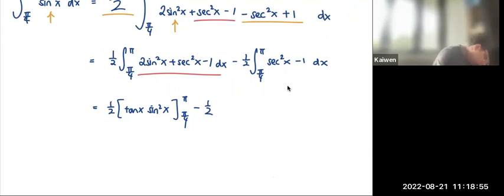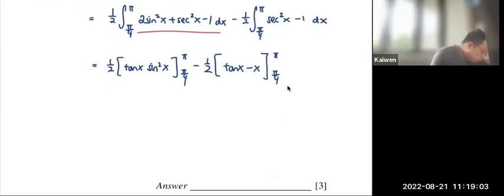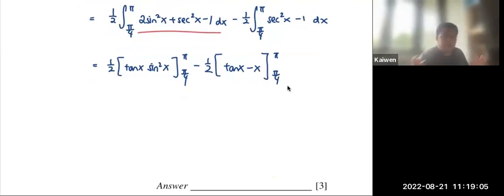So you will get tangent x minus x, from pi over 4 to pi over 2. And we're done. Simplify, substitute, you get your answer. The answer is 1 over 4 plus 3 pi over 8.